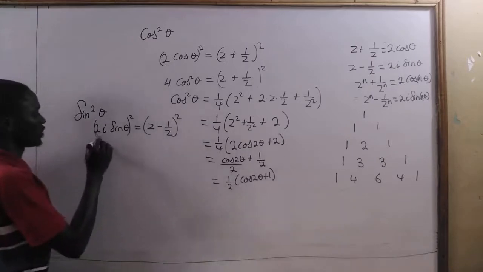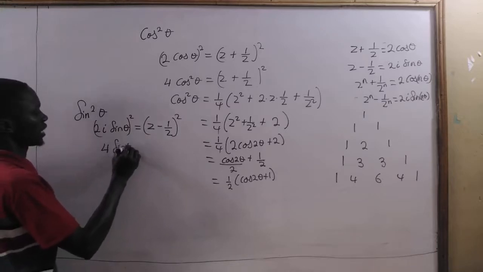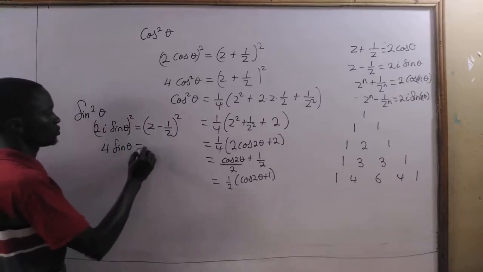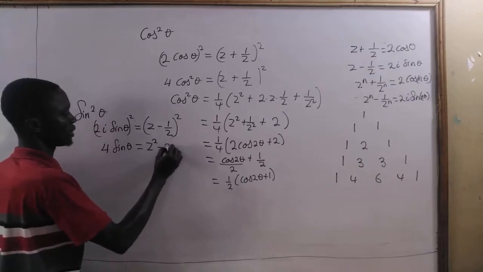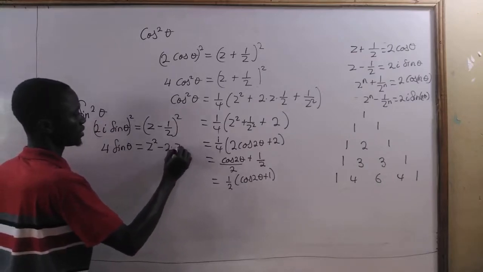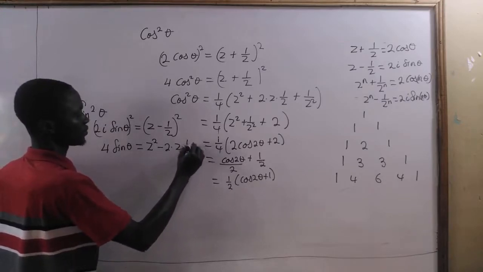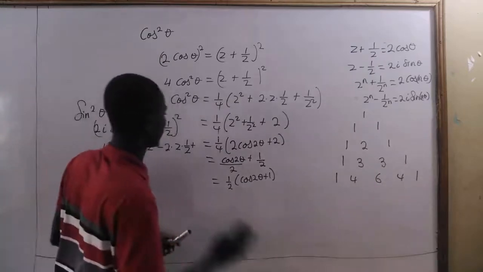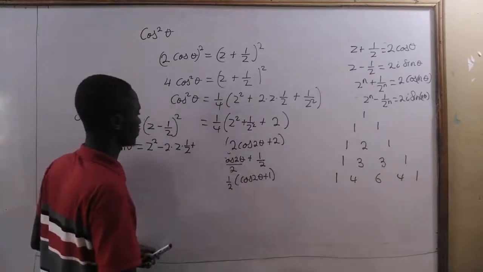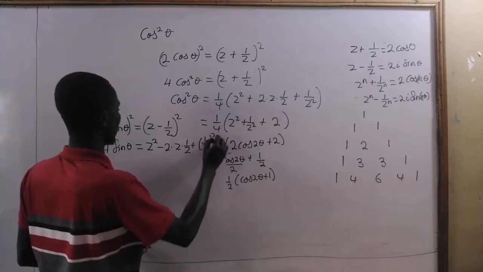So this will give us 4 sine squared theta equal to z squared minus 2 times z times 1 divided by z plus, here we have negative here. So let's see how we do the negative. 1 over z squared.